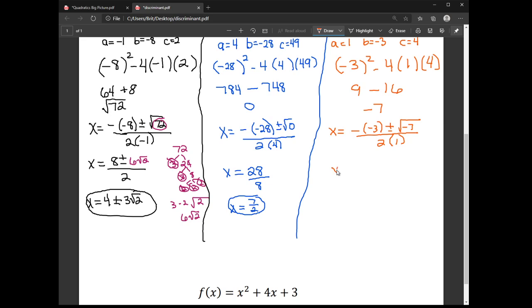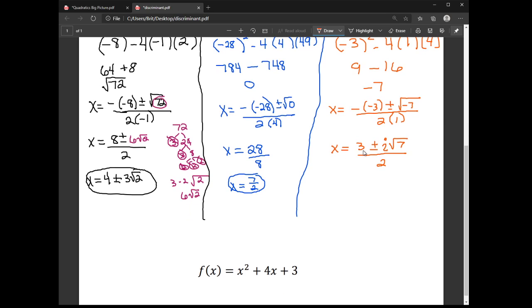So when I go to simplify this, negative negative 3 is a positive 3, plus or minus. Now this negative under the radical, we take it out of the radical by turning it into the imaginary i. So this is i root 7. And then it's over 2 times 1, which is 2.